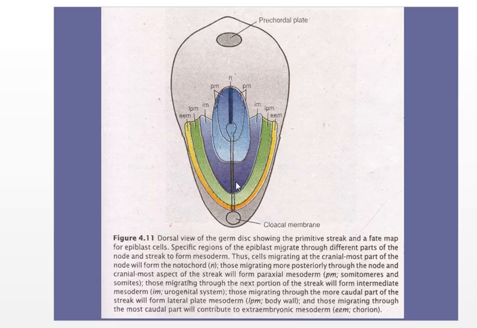Those migrating through the more caudal part, the green color of the streak, will form lateral plate mesoderm. It means that this area makes the body walls, and those that migrate through the most caudal part will contribute to extraembryonic mesoderm, making the chorion.